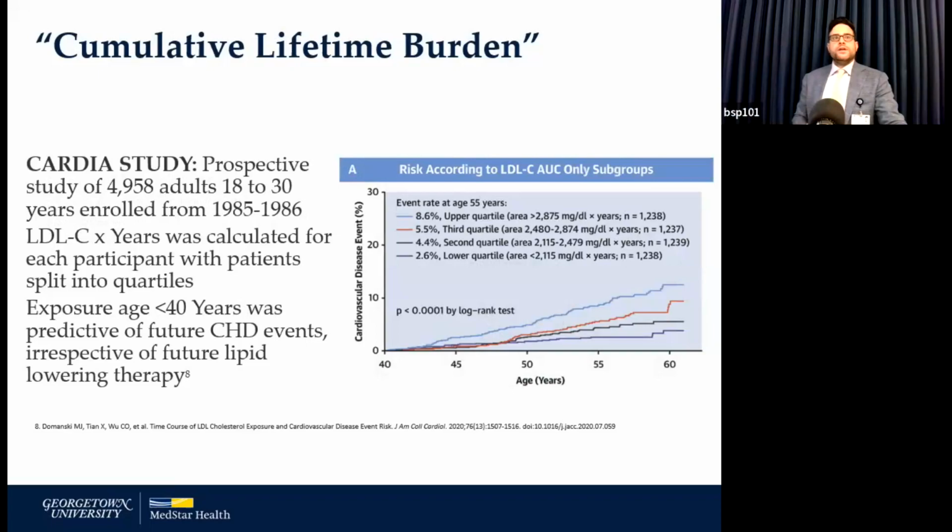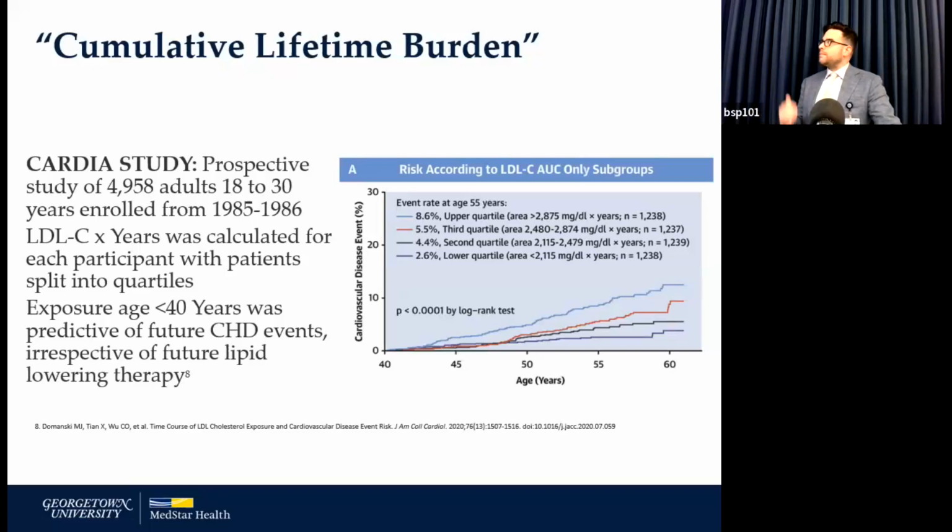But one thing they did for them was calculate their LDL cumulative burden, which is kind of like our pack year smoking assessment for smokers. So they saw how much cholesterol, how elevated their LDL-C was, and how long they carried that burden for. They took that all the way to the age of 40 and then followed them afterwards to see if there were any cardiac events.